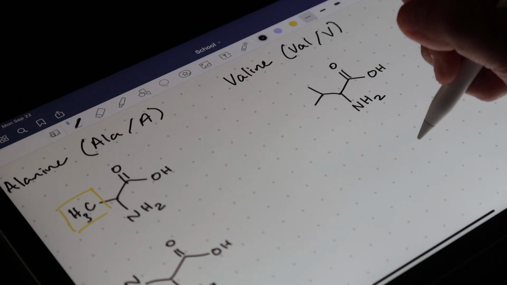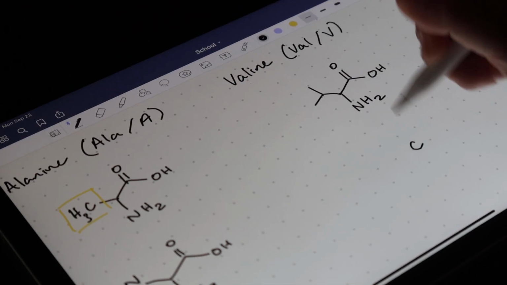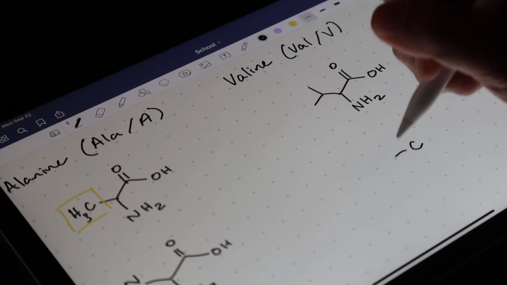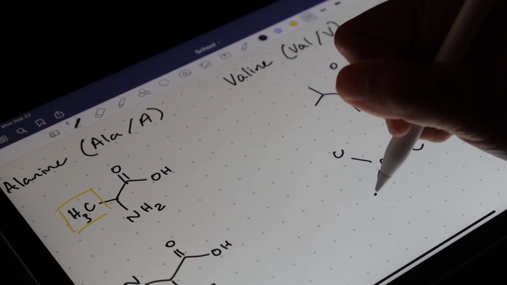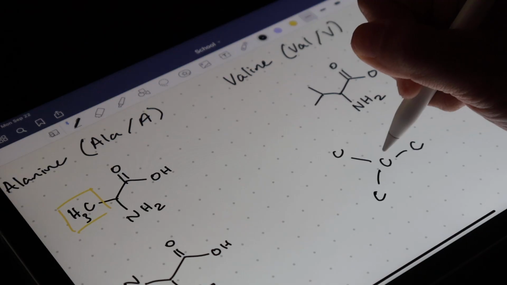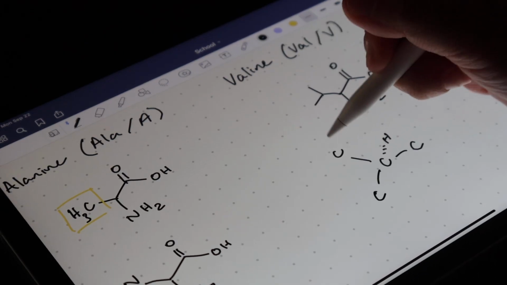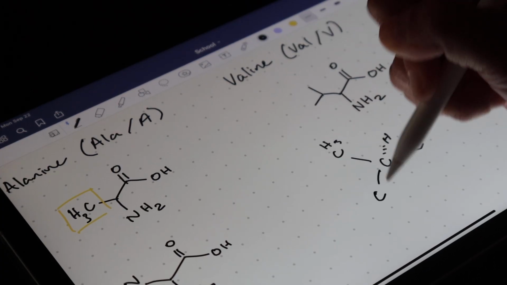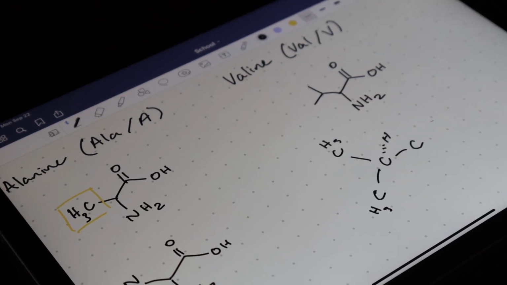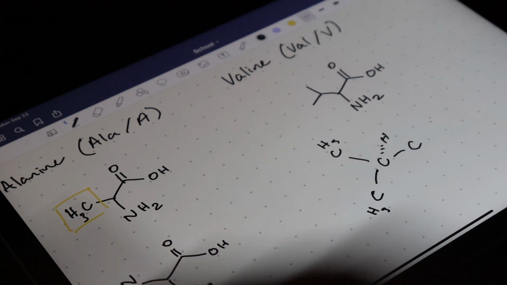So if you wanted that full drawing, I suppose, it would look like something like this. Sort of not the best for showing the actual angles, but you get it.